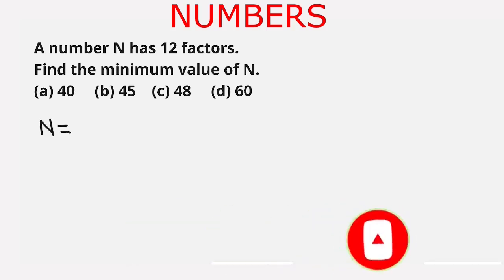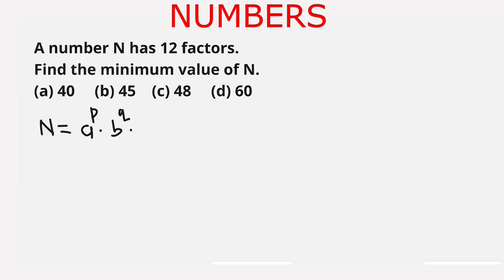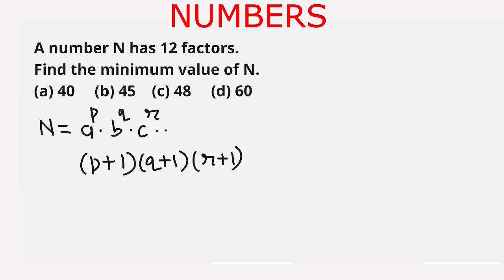If n is equal to a to the power p multiplied by b to the power q multiplied by c to the power r, and this continues, where a, b and c are prime numbers and p, q and r are the powers of these prime numbers, then the total number of factors is given by (p plus 1) into (q plus 1) into (r plus 1), and this continues.